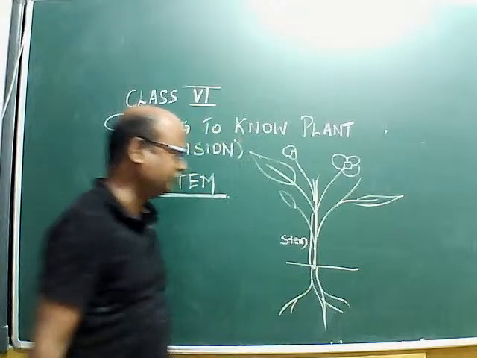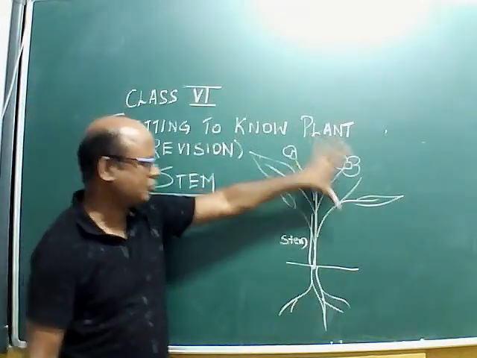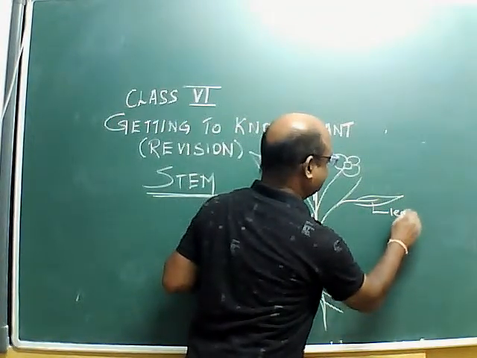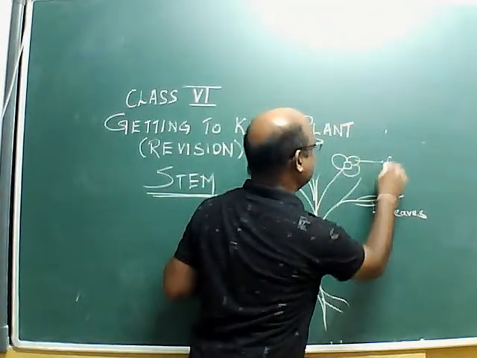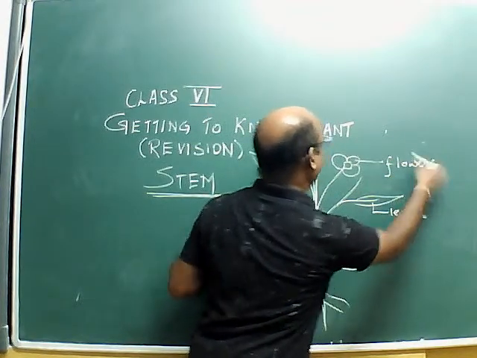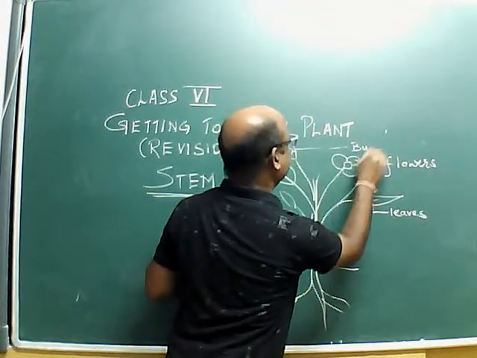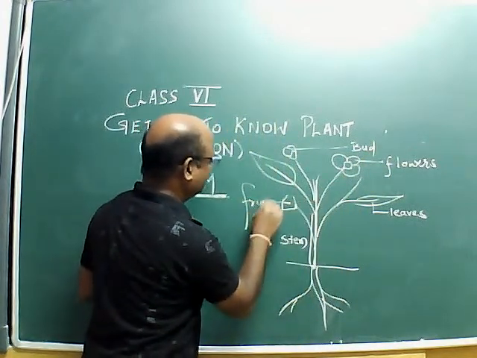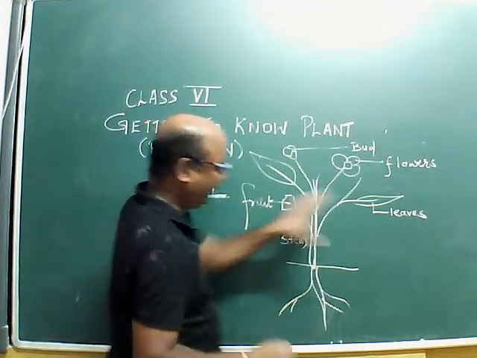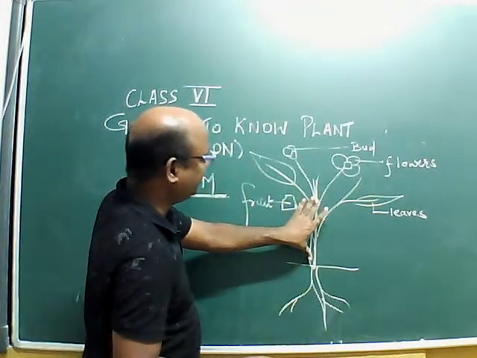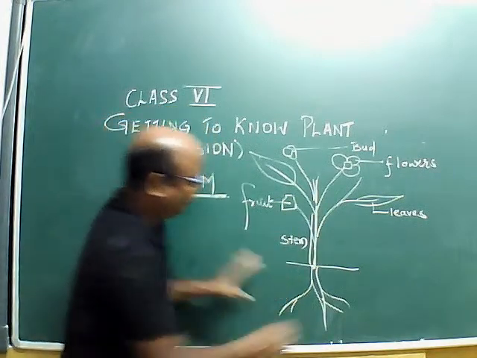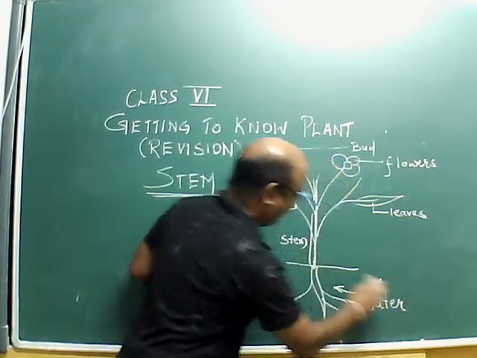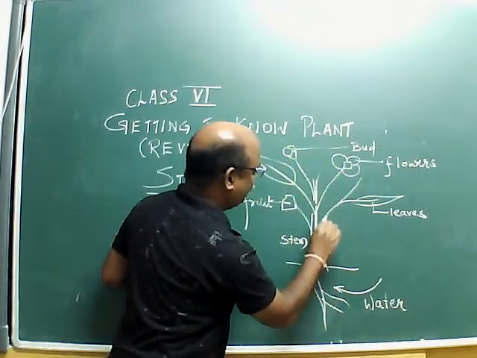So what are the functions of the stem? That it supports all the parts of the plant, such as leaves, flowers, buds, then fruit. Okay, so we will find it is supporting structure. Then whatever water absorbed along with the salt and mineral by root, it is first going to stem.